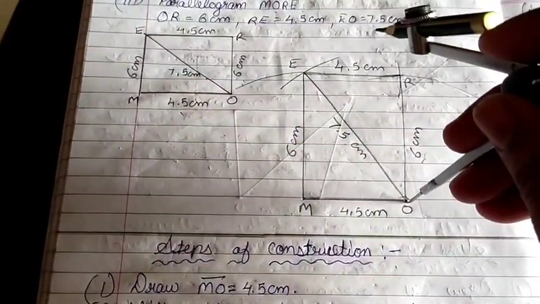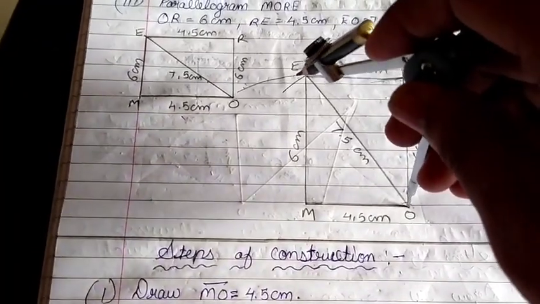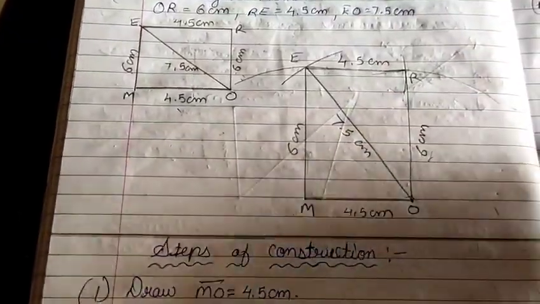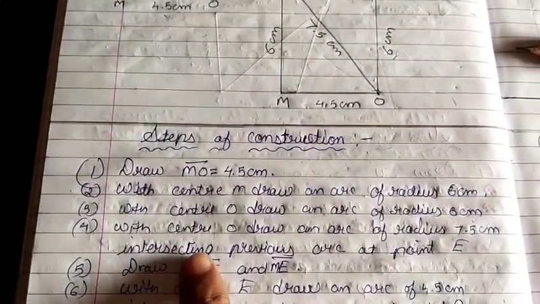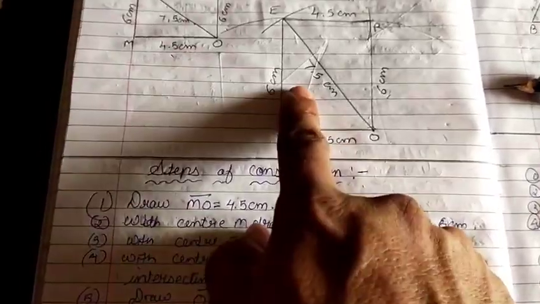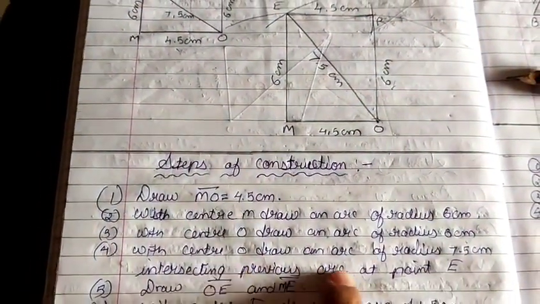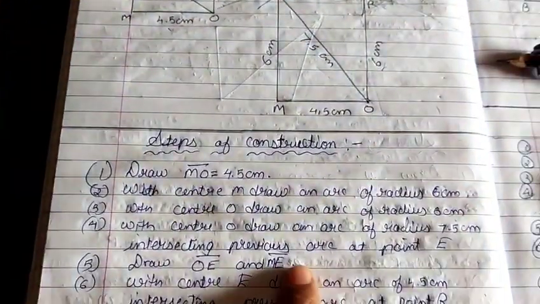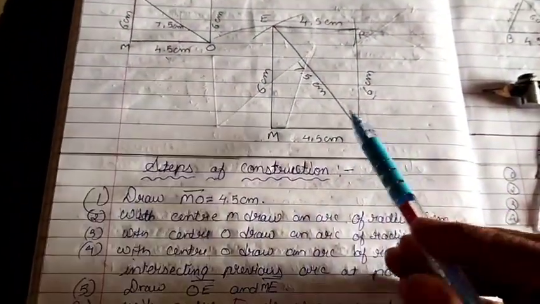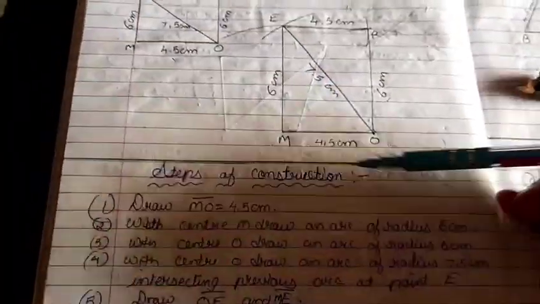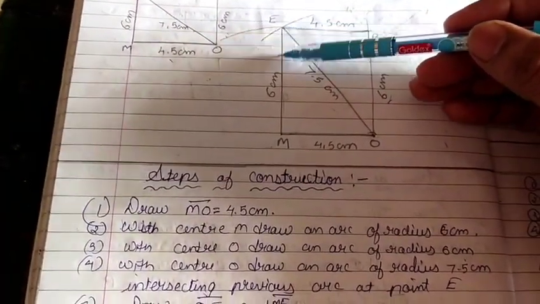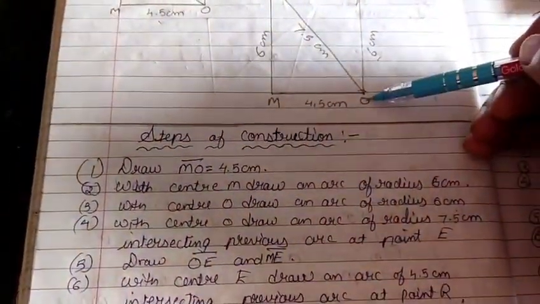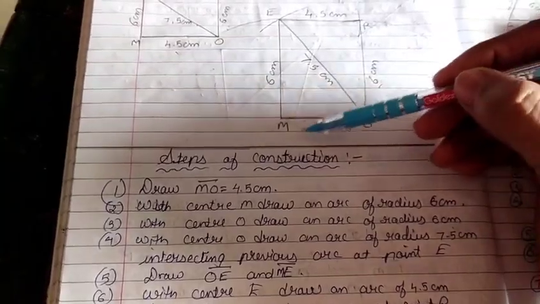Then put it on O and cut the previous arc at point E. So write down over here, with center O, draw an arc of 7.5 centimeter intersecting the previous arc at point E. Now you can easily draw this line. Once you get this connecting point, join OE and ME.